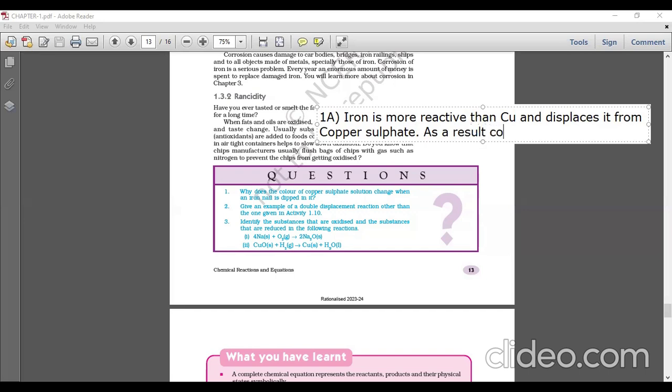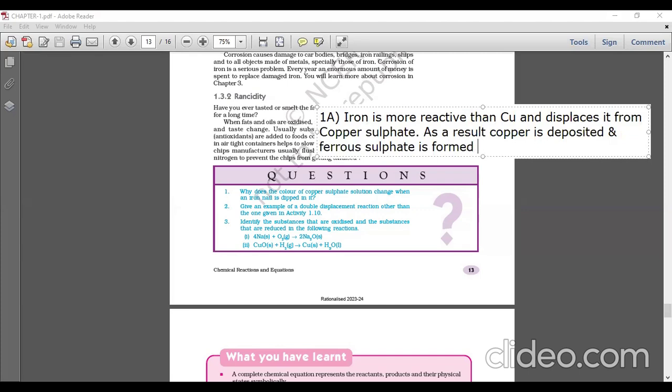As a result, copper is deposited, and ferrous sulfate is formed. Okay, ferrous sulfate is formed, and what is the color? Which is light green in color.